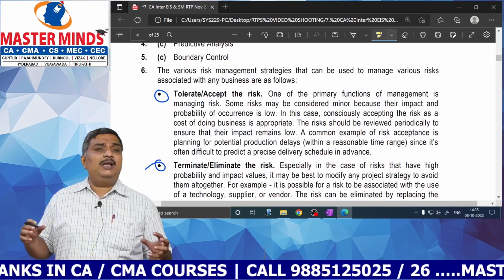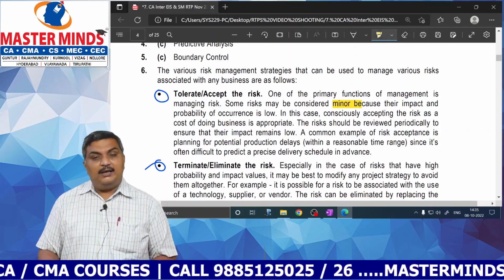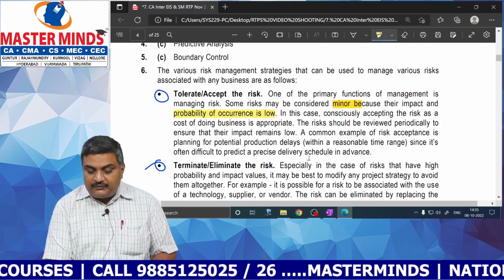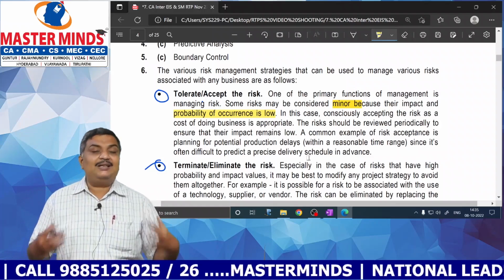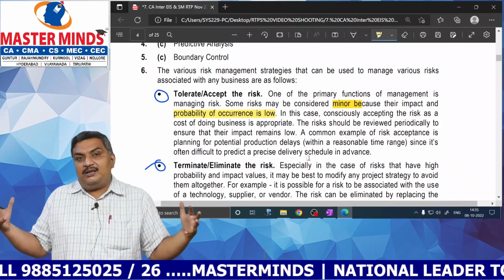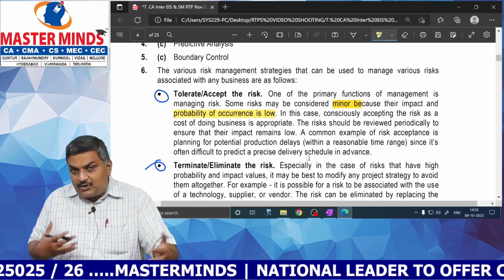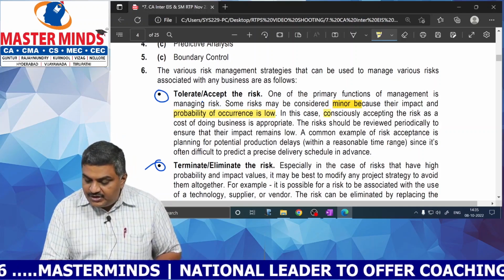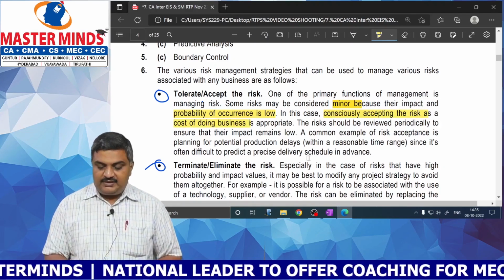There will be certain risks which are very minor, because their impact is very low and the probability of occurrence is very low. In that case, what is the option available to the management? Instead of trying to treat, mitigate or handle the risk, it is better to consciously accept the risk as a cost of doing business.